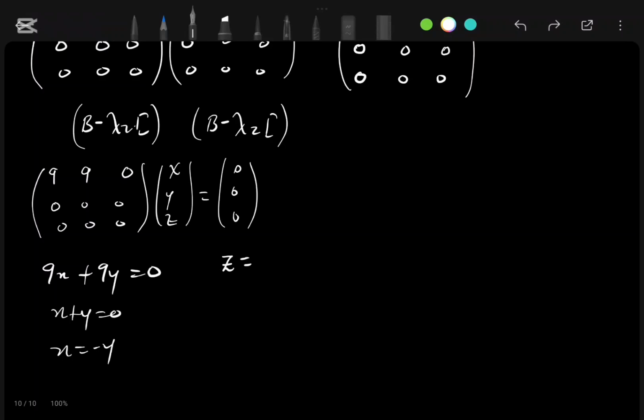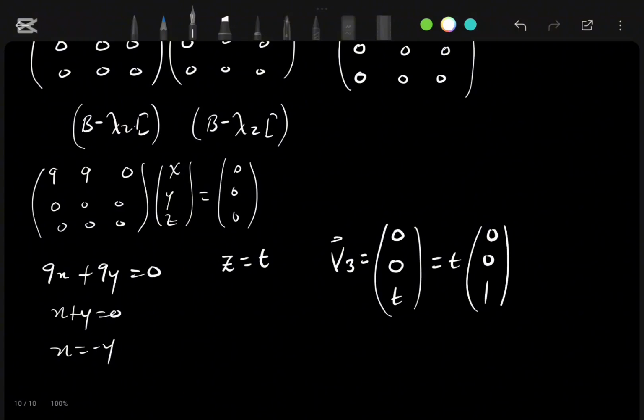You will set z to be equal to t. Now, your v3 will be given by, since we are ignoring the first two components and only taking z, 0, 0, t, which is t times (0, 0, 1).